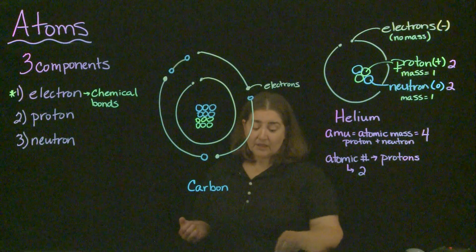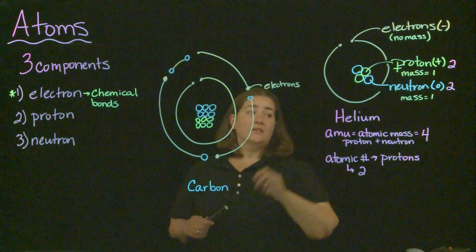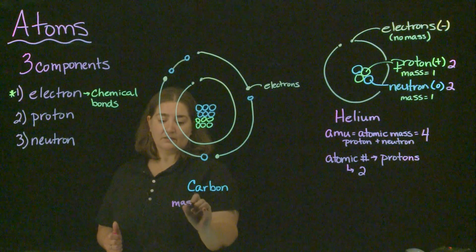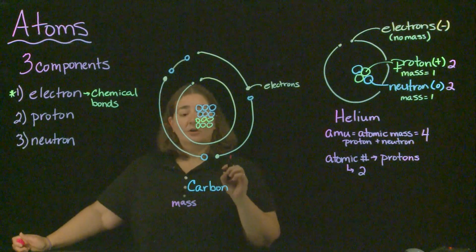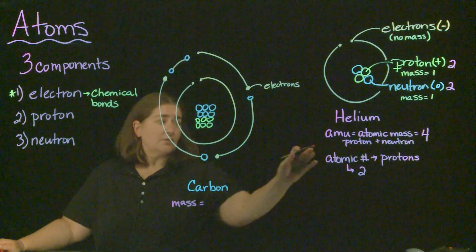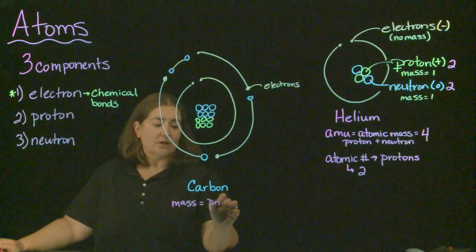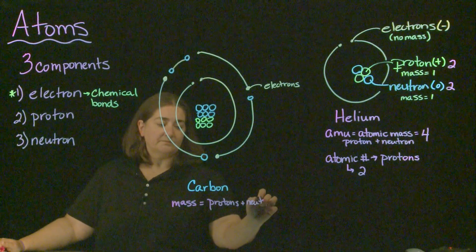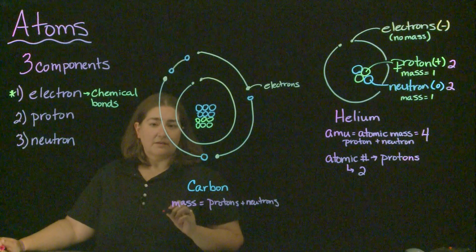All right, now in terms of looking at atomic mass, okay, the mass of our carbon atom is going to be the number of protons and neutrons. Okay?